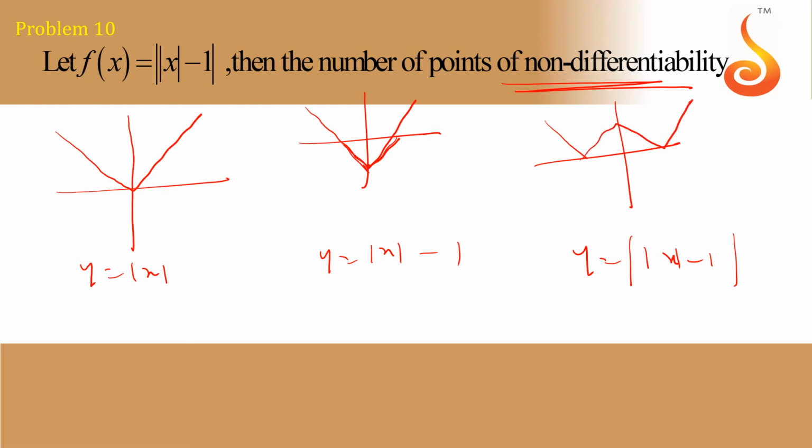So this will be the graph. So can I say these three are the sharp corner points? So the number of points of non-differentiability are minus 1, 0, 1. So there are 3 non-differentiability points. So that functions transformations you have to learn. If you learn some problems, you can solve very easily by drawing their graphs.